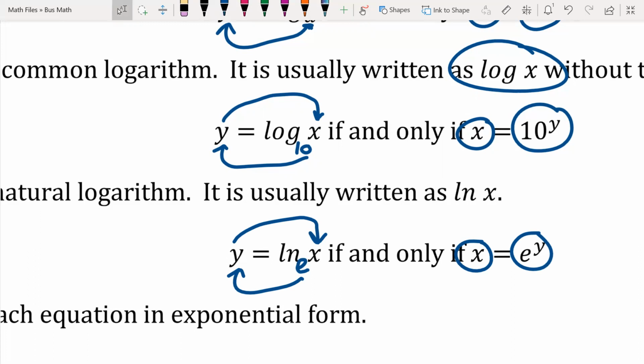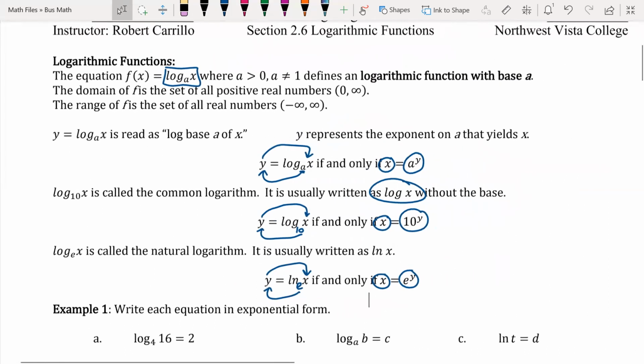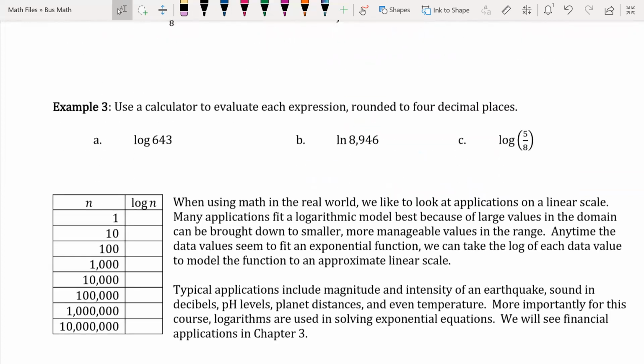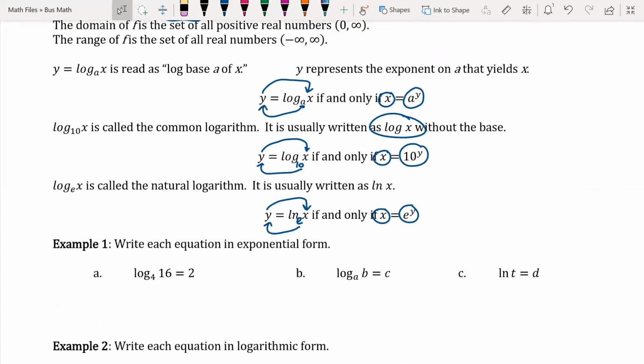The reason we have logs is because they take extremely large numbers and put them into a simpler format. Think about earthquakes. Whenever an earthquake strikes California, they say that was just a 7 or an 8 on the Richter scale, and you think, okay, that must be bad.